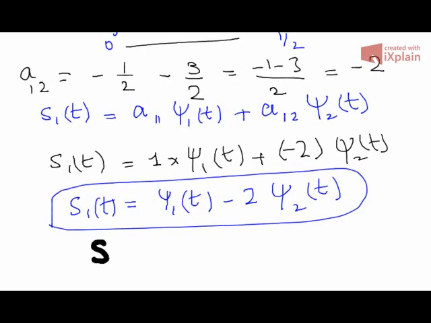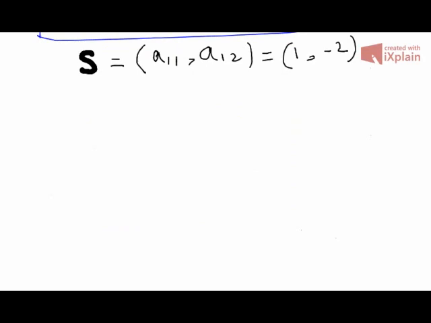So we can write our bold signal, and the coordinates can be written as this one. We have the coordinates given by a11 and a12, which are 1 and -2. If you have these coordinates, now you can represent your signal in the signal space.